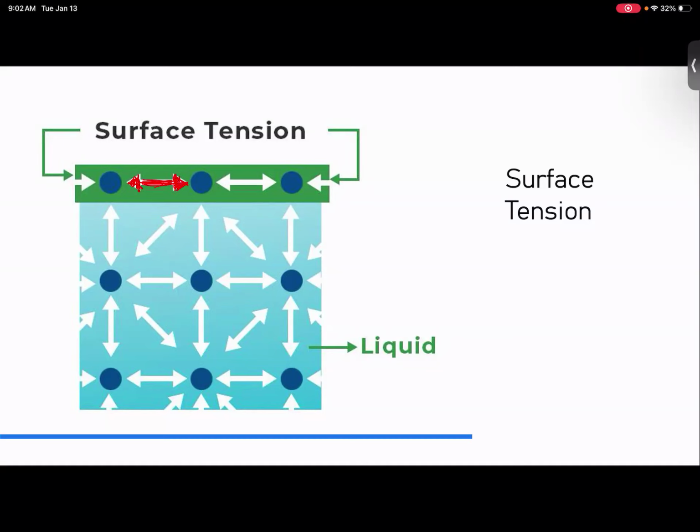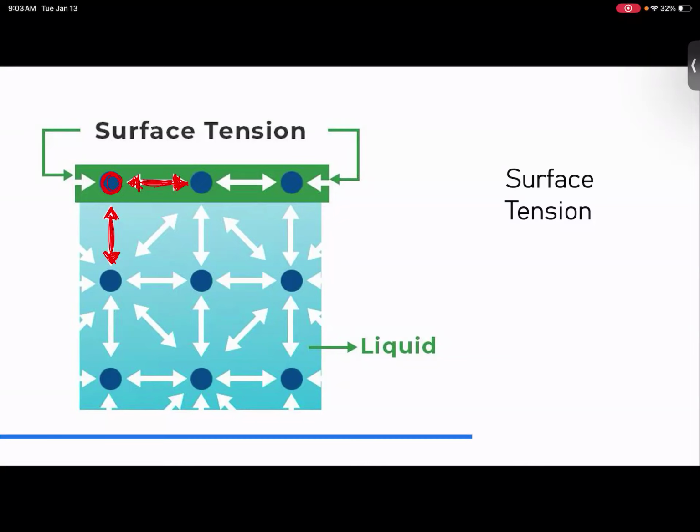Now, when we think about intermolecular forces, so far all I've shown you is a picture of one molecule attracted to a second molecule. But when you really start thinking about the structure of a liquid, you have all of these molecules interacting together, so that this one on the top is attracted to another one on the top.